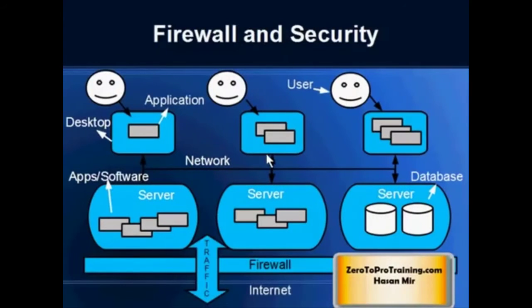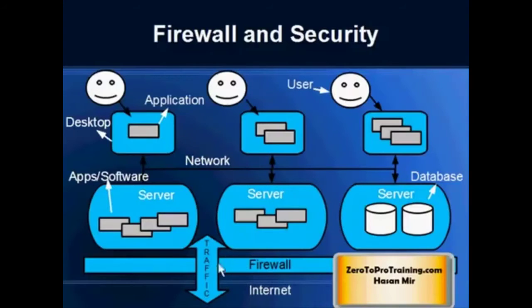So whatever we just talked about is happening within the boundary of the company, but a company does interact with the rest of the world through the internet. And in a typical environment, we do have a firewall between the internet and the network of the company. This firewall in reality is represented by a combination of hardware and software, which is managed by the network team, and we will talk about that later on.